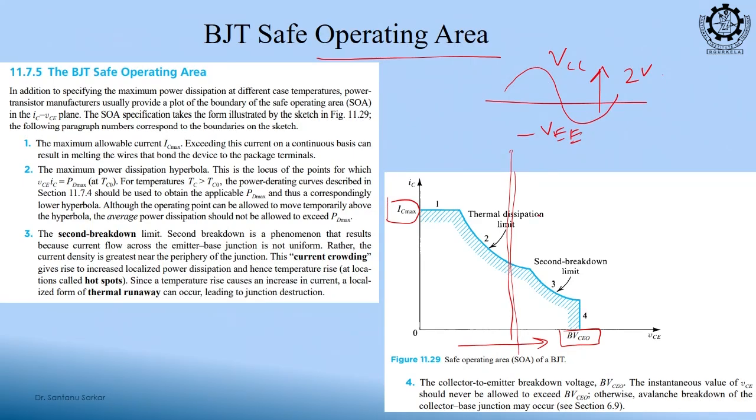So, your thermal dissipation limit is around this, this is your safe point, and if you go beyond this limit, this is your secondary breakdown limit. So, this is your final breakdown. So, you should choose your BJT so that its breakdown voltage BVCEO is much higher than whatever range you are targeting. Your working voltage should be within that.